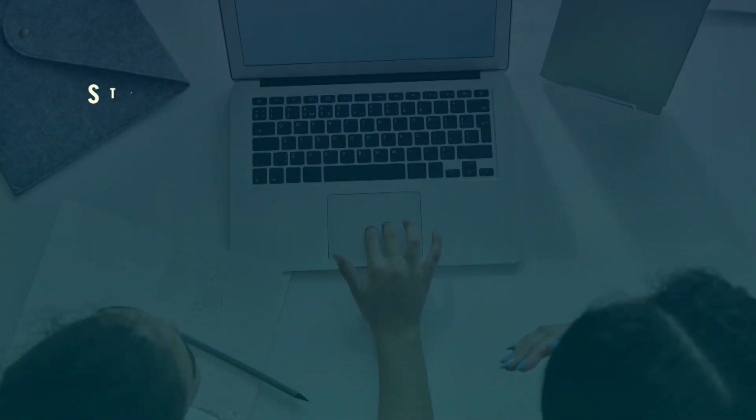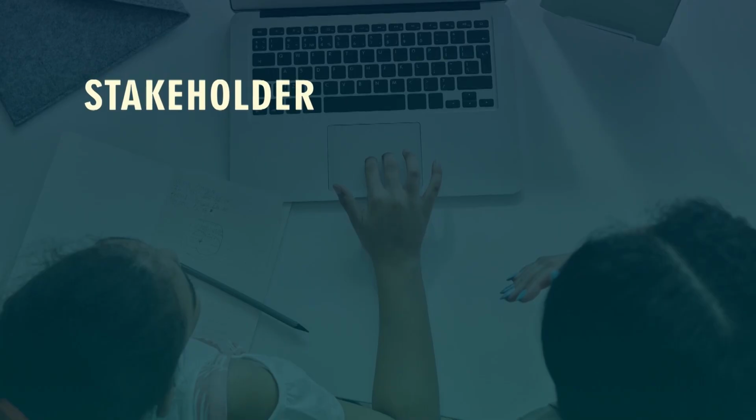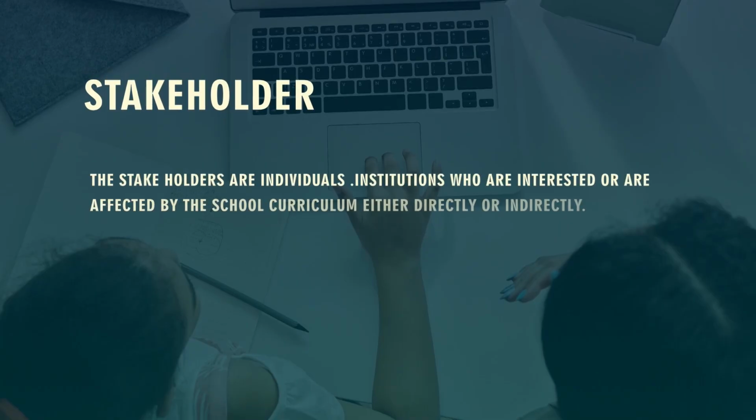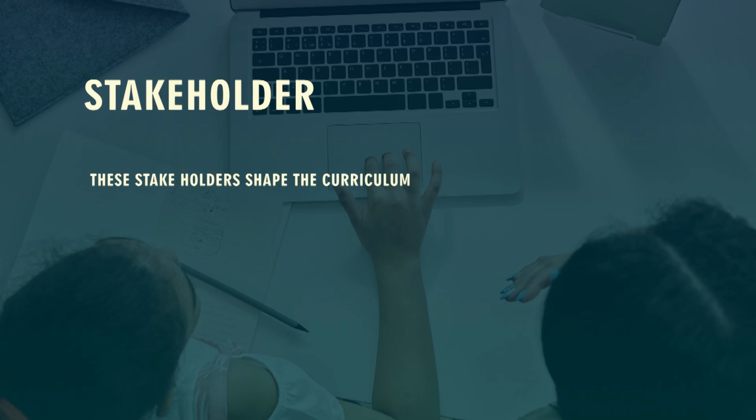The next important question which comes here is, who are the stakeholders? The stakeholders are individuals and institutions who are interested in or affected by the school curriculum, either directly or indirectly. These stakeholders are directly and indirectly responsible for shaping the curriculum.